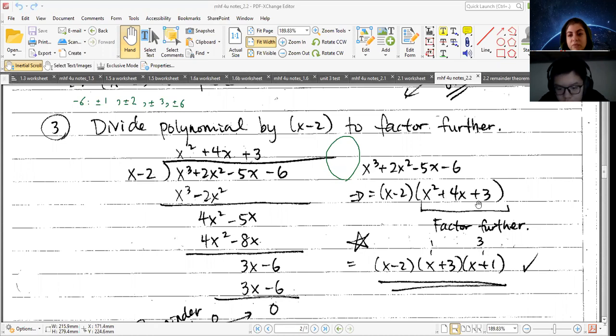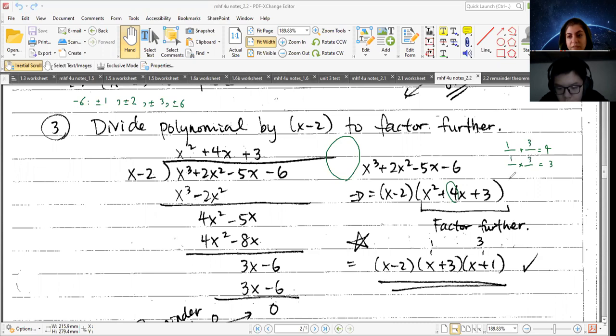Then x^2 plus 4x plus 3, you need to write that in factors. This is easy. You just need two numbers that add to 4 and multiply to 3. So what are those numbers? It's 1 and 3.